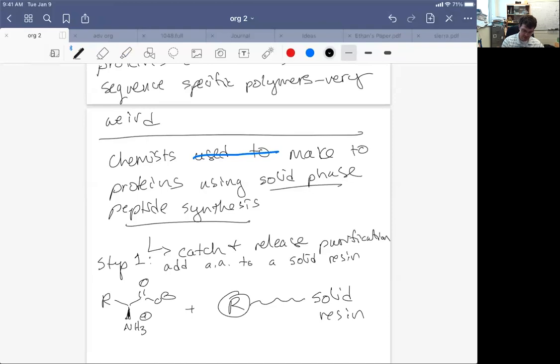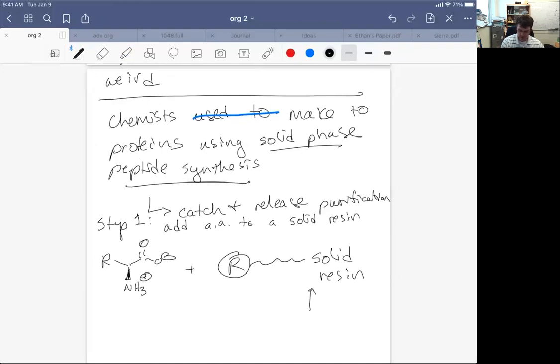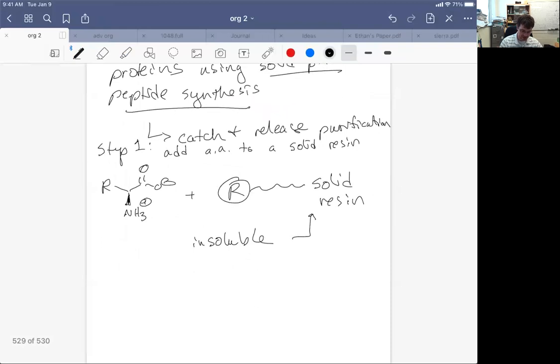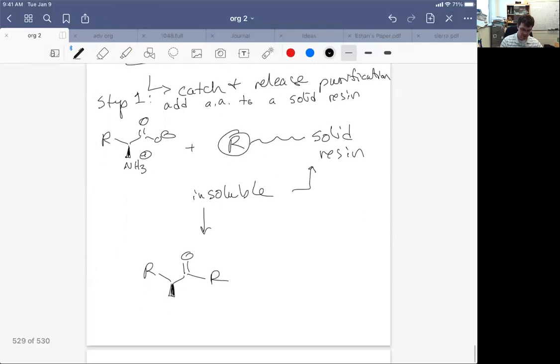Now, solid resin is interesting because it's insoluble. So this resin is literally something that we can see. It actually makes like a bed and that sort of thing. But we attach the amino acid to the resin. And what we get out is sort of a resiny ester.